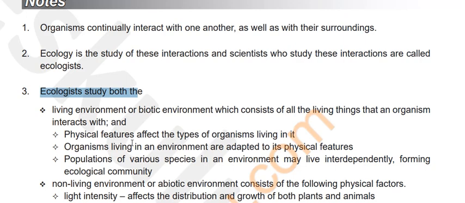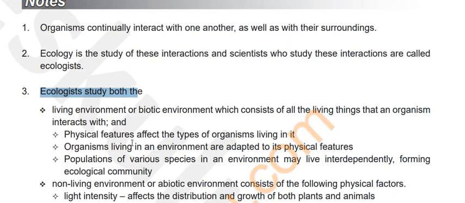Organisms living in an environment are adapted to its physical features. Populations of various species in an environment may live together, forming an ecological community.